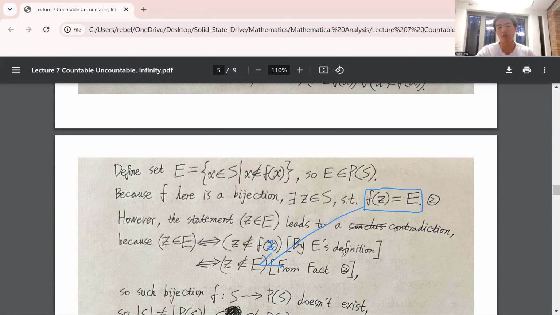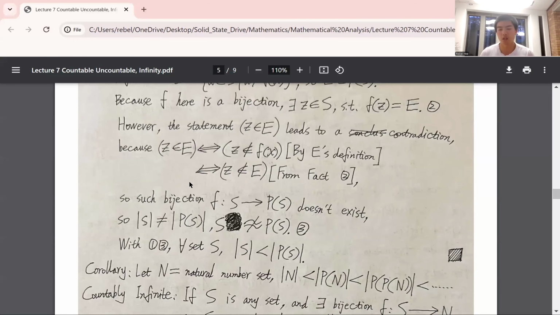So this is a fact which leads to a contradiction. And finally, such a bijection from S to PS doesn't exist. So we failed it. All right.